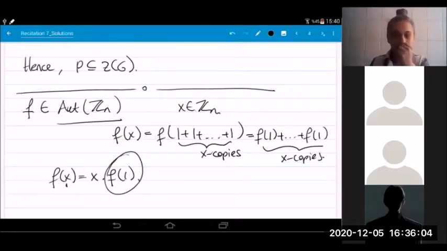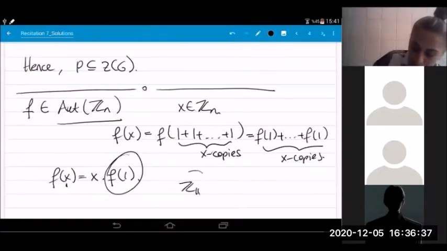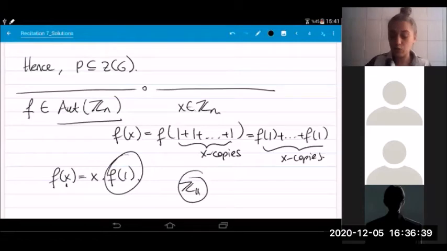By looking at the conditions on this map, to be able to see this as a bijection, looking at the kernel and the image, you can conclude that every automorphism of Zn is a map taking a generator to another generator. So we have 10 different possibilities for this case, for Z11, because we have 10 generators for this group.